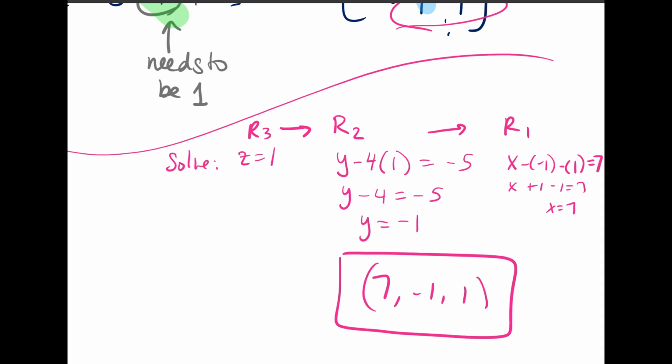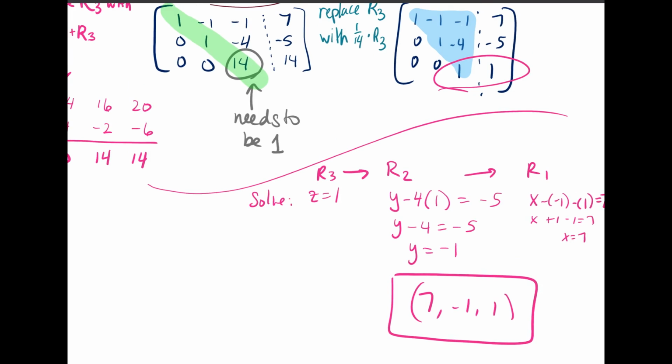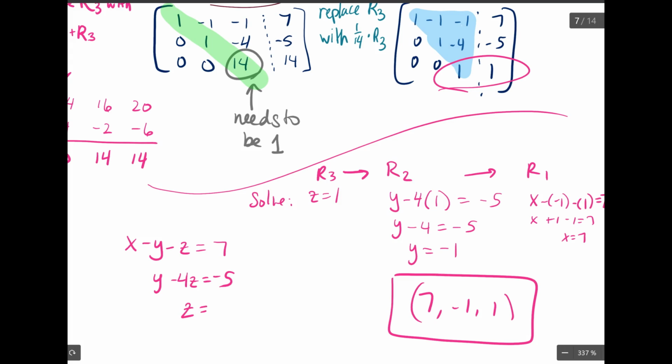Do I need to zoom out a little, or are we okay? Can you write the equations first, like what the equations are, without plugging them in? Yeah. Okay, so x minus y minus z equals 7, y minus 4z equals -5, z equals 1.